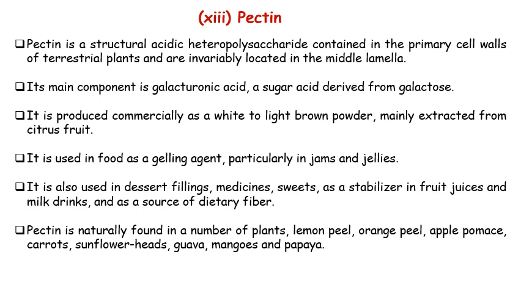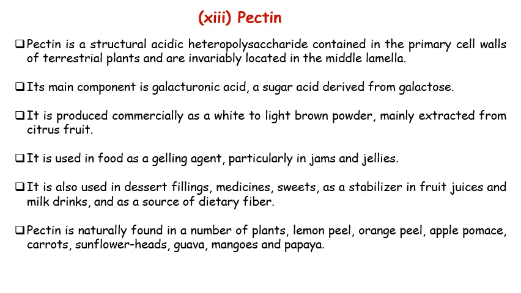Particularly, it is used in jams and jellies. It is also used in dessert filling, medicines, sweets, and as a stabilizer in fruit juices and milk drinks, and as a source of dietary fiber.